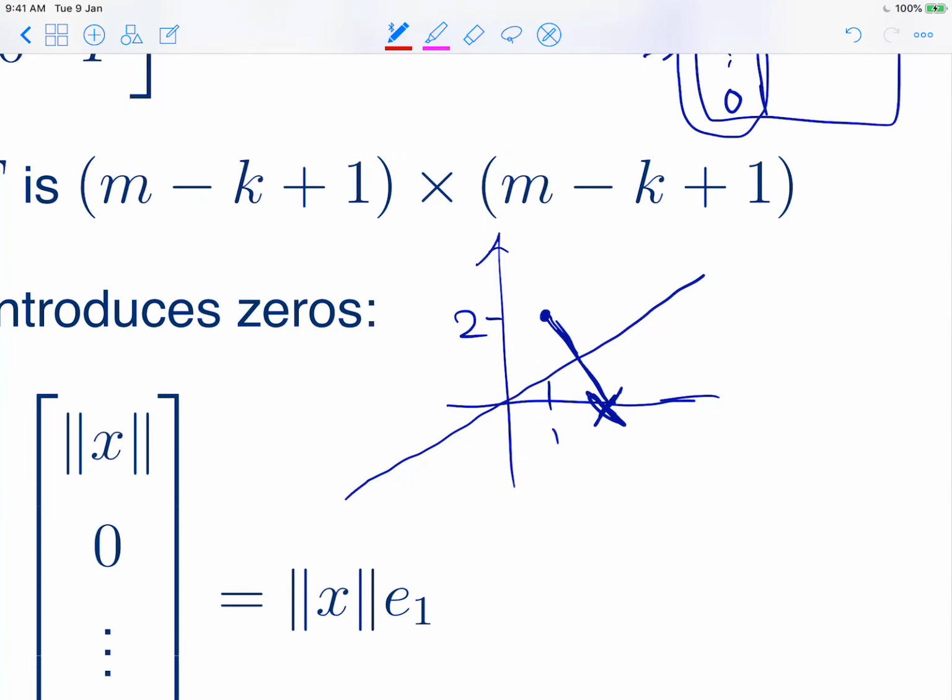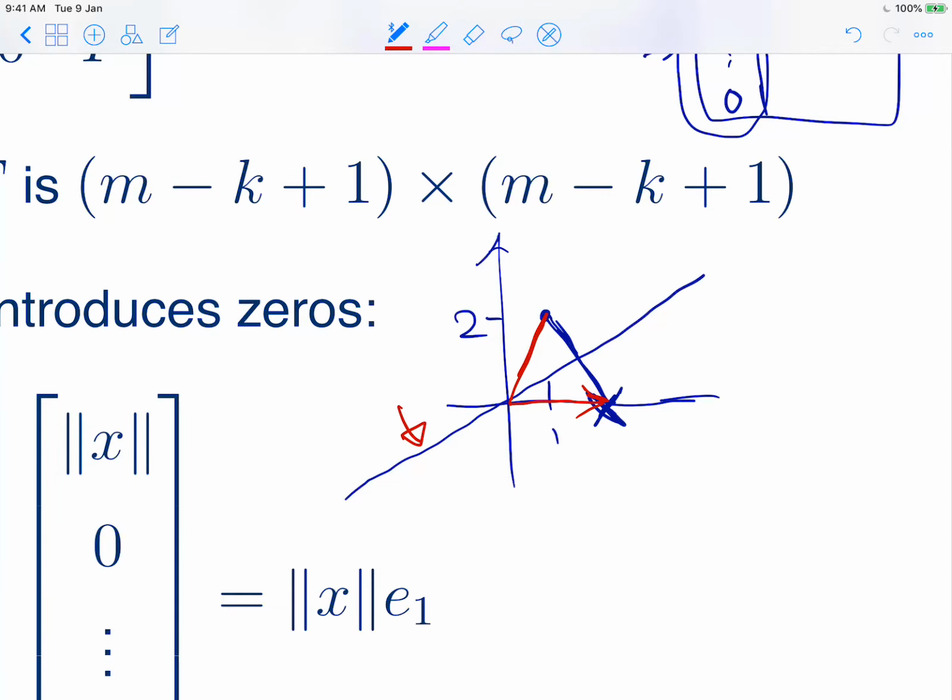The original vector length is like this red line segment, and the reflected one will also have this length. In general, the reflection will not change the length at all, right? Because we just reflect with respect to the line or the hyperplane that passes through the origin. So the reflected point will have the same length.